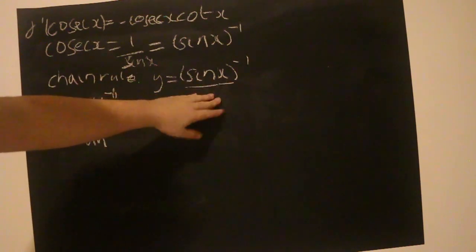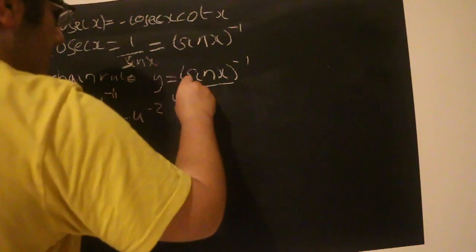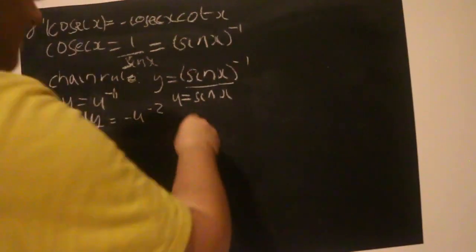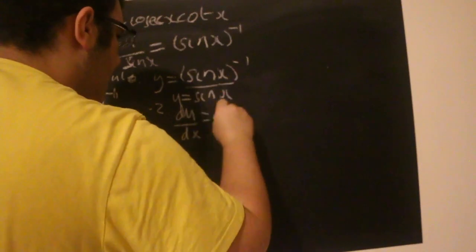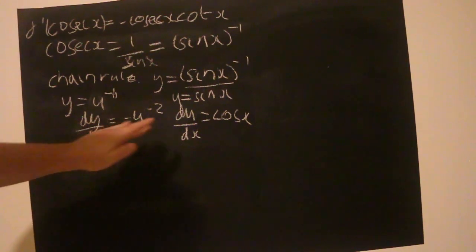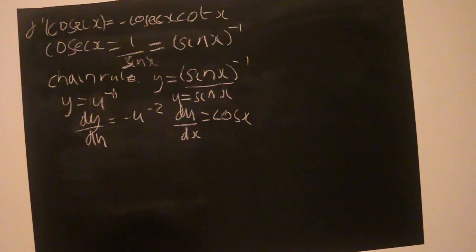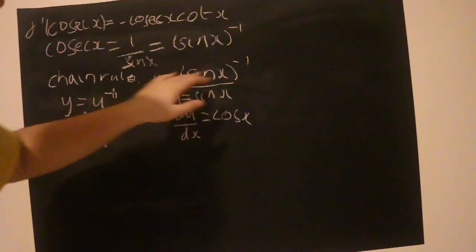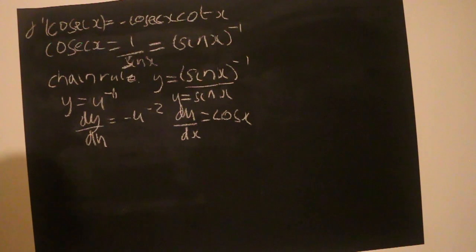Now we need to differentiate the inside function. So u is equal to sine x. du by dx is equal to cos x. So now that we have dy by du and du by dx, we have to find dy by dx, because that's what we want. We want the derivative of this with respect to x, so that is dy by dx.